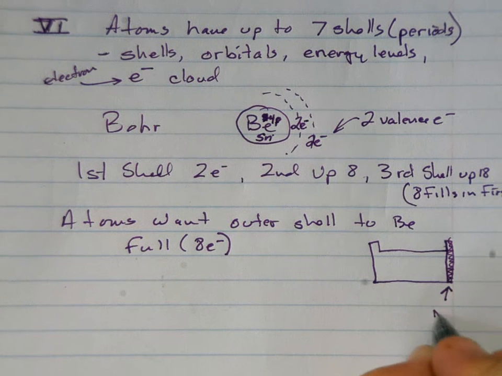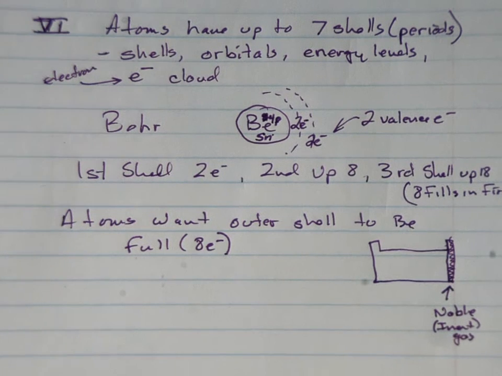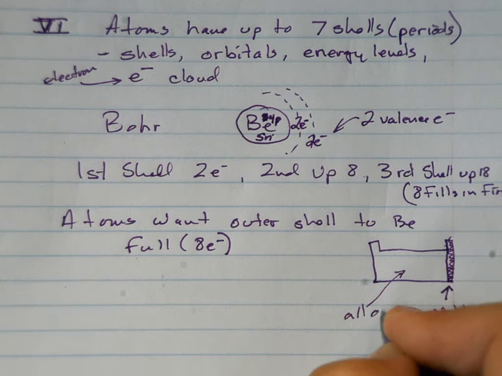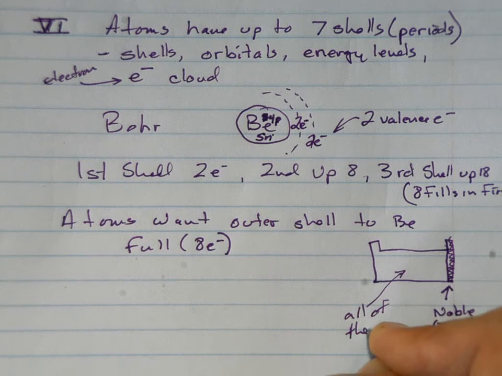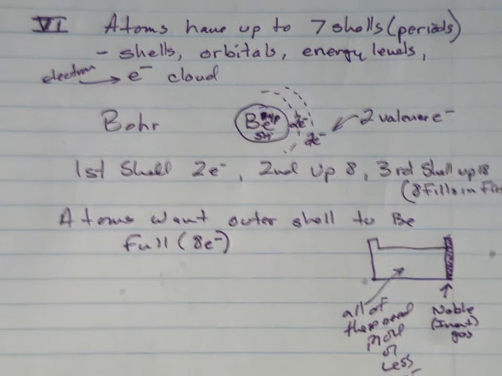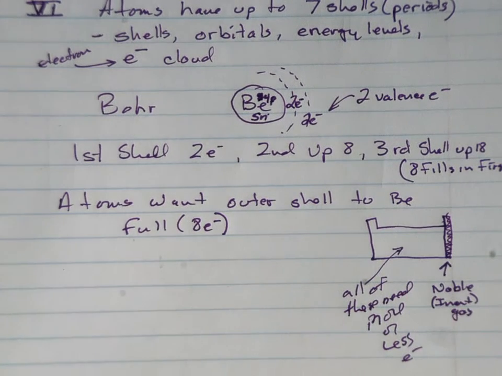So these are the noble gases, also known as inert, completely unreactive. All of these need more or less electrons. Sorry, I kind of slopped that out there. All of these need more or less electrons.